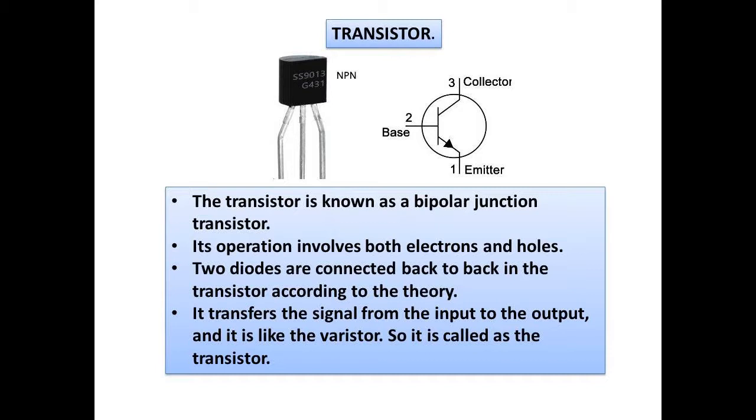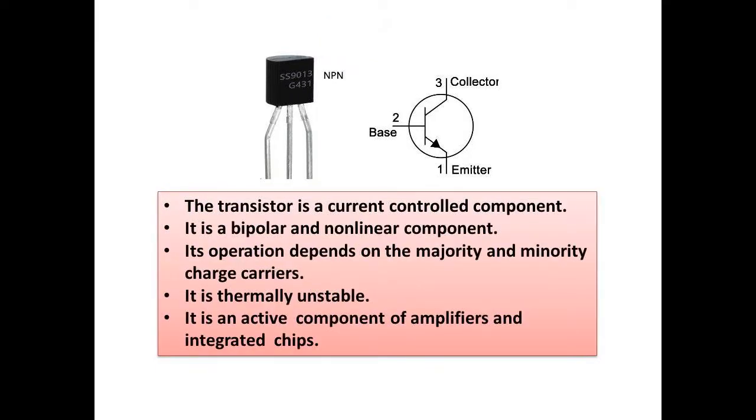It transfers the signal from the input to the output, and it is like the varistor. So it is called the transistor. The transistor is a current controlled component. It is a bipolar and non-linear component.